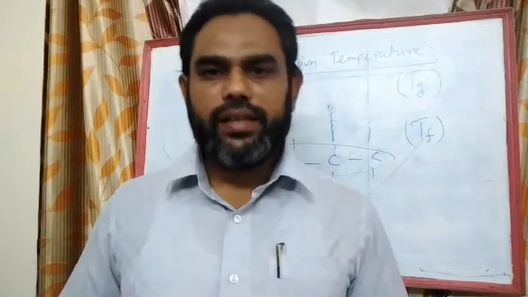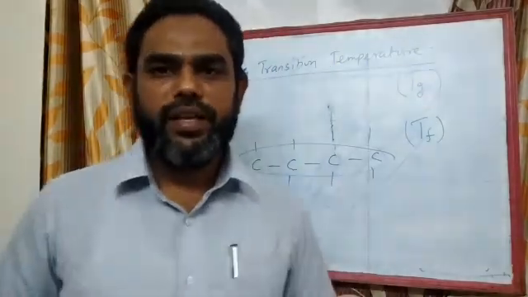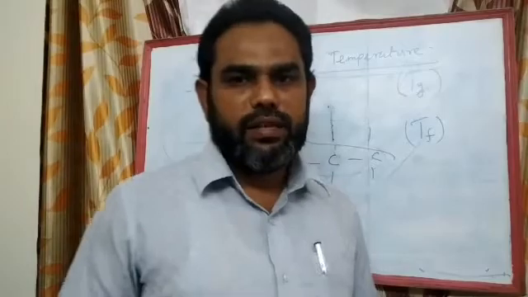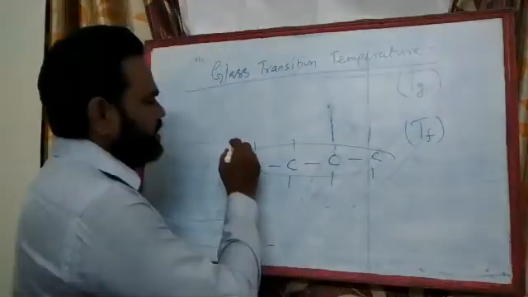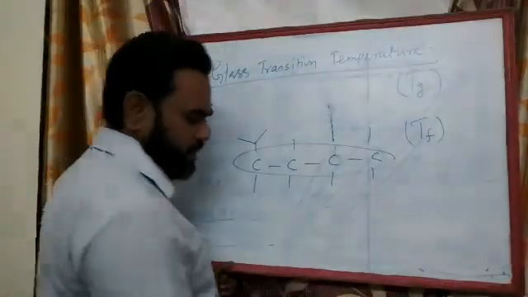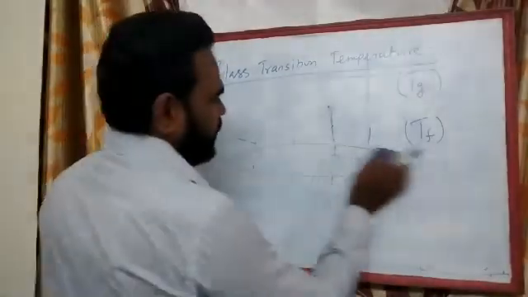Another very important property which affects the glass transition temperature is the rigidity of the material. Say for example, you have polystyrene. See this.